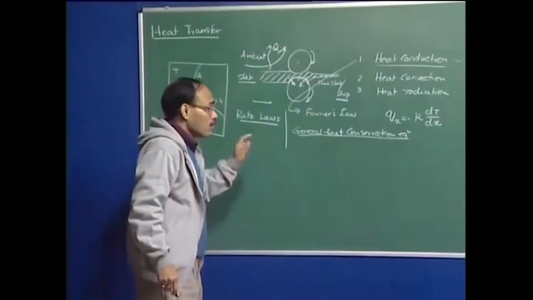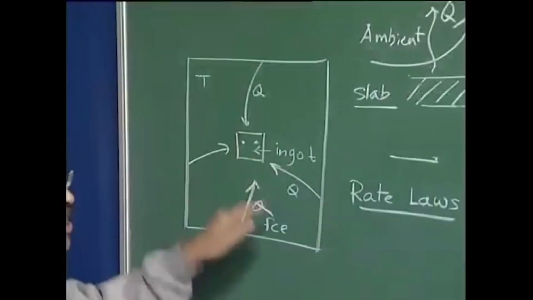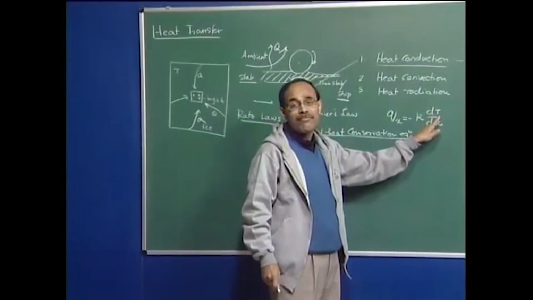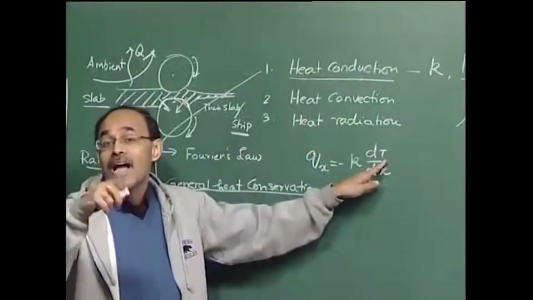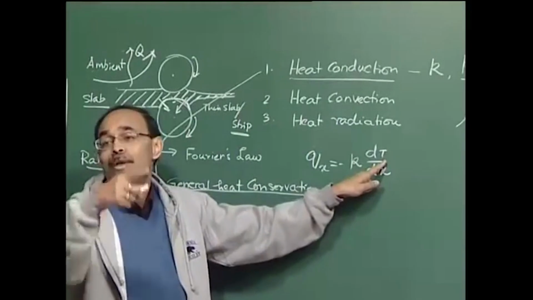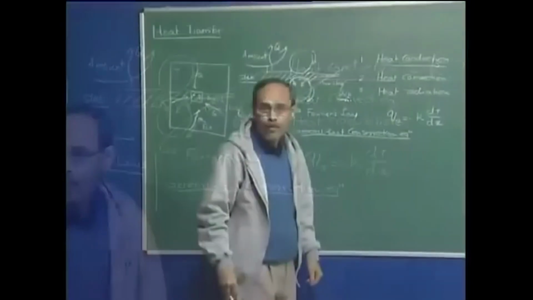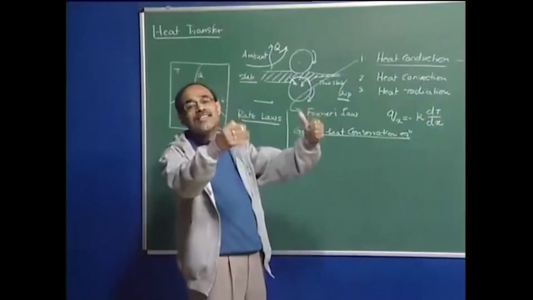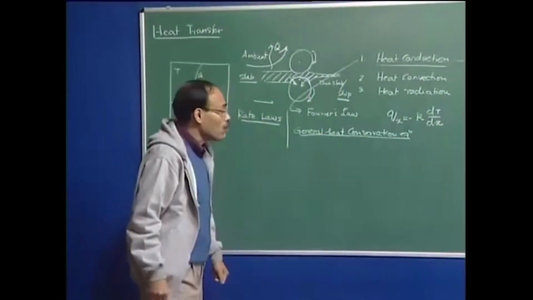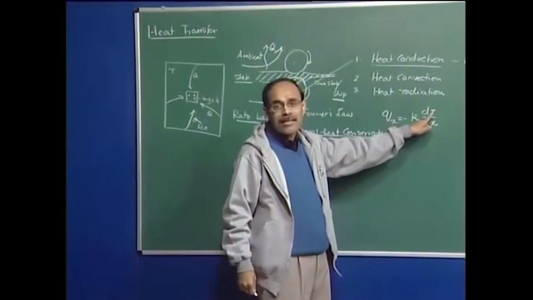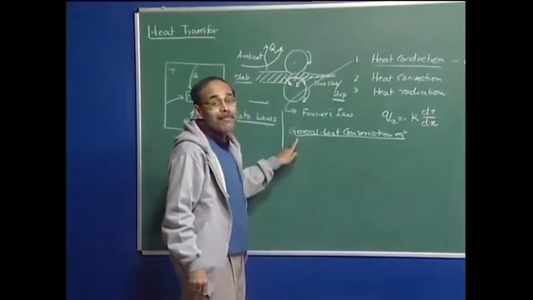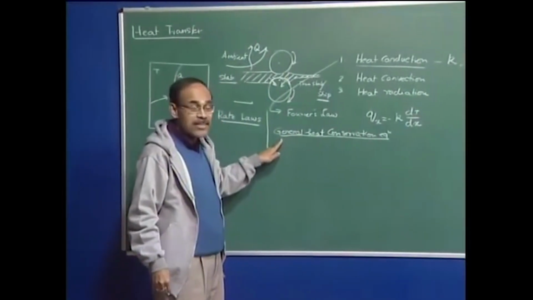So the first and foremost thing is, while the object dimension is known, I have to map the temperature field. I have to know the T field, and it is only by knowing the temperature field that I will be able to calculate the rate of heat flow from one point to another, and then I will be able to tell the homogenization time for the ingot and so on. On what basis is the temperature calculated, where do we obtain the temperature from? The temperature is known by writing a thermal energy balance equation.